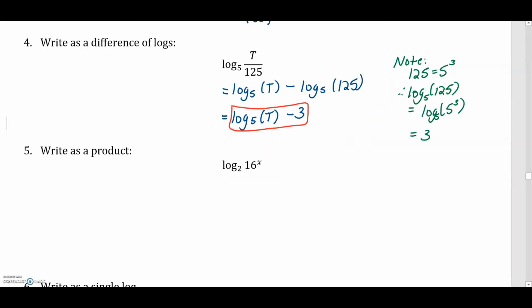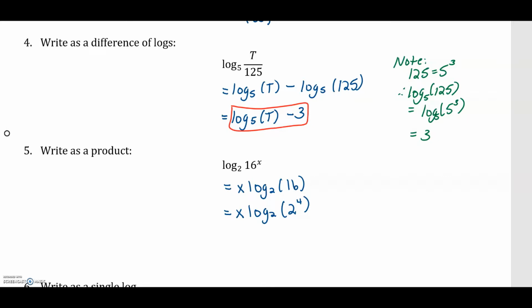In question 5, we're asked to write as a product. So we have log base 2 of 16 to the power of x. We can take that exponent out front and express it as x times log base 2 of 16, which can be simplified further. 16 can luckily be expressed as a power of base 2.